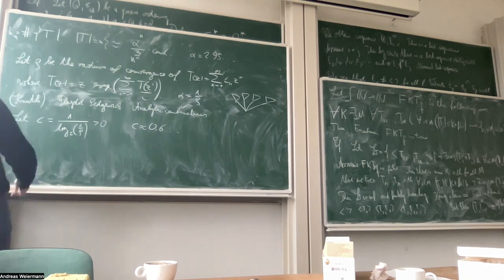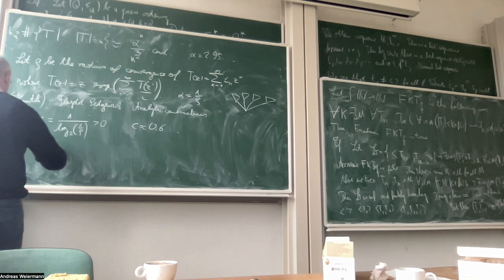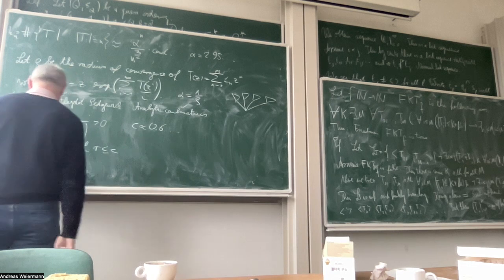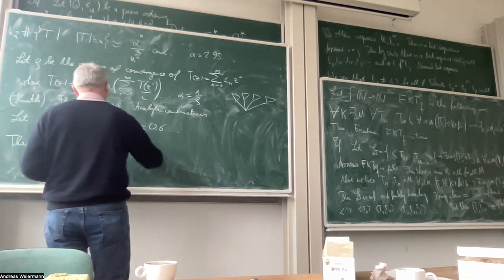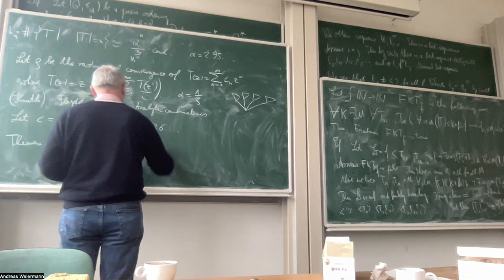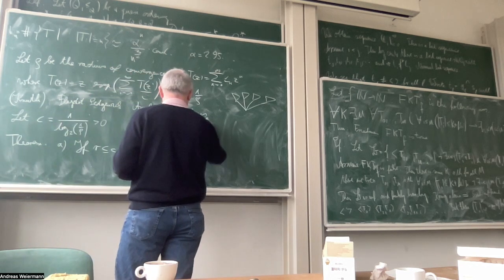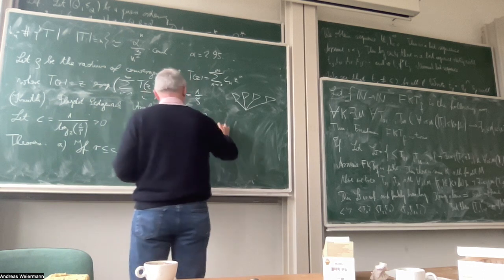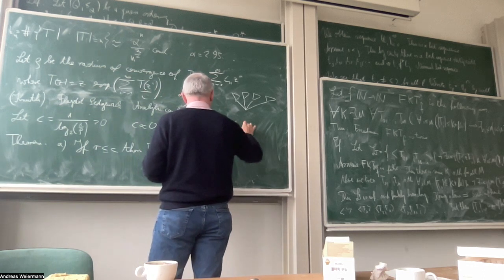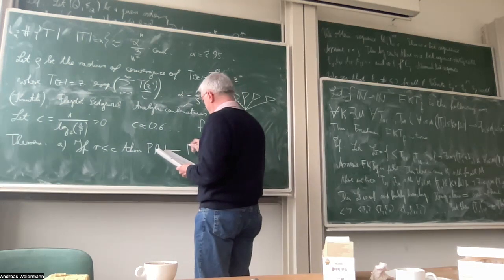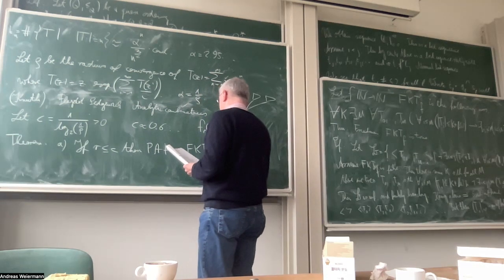And now the next theorem is: A. If R is less than or equal to C, then PA does prove F delta T R, where R is a function R times binary log.